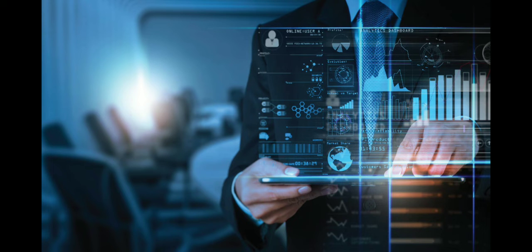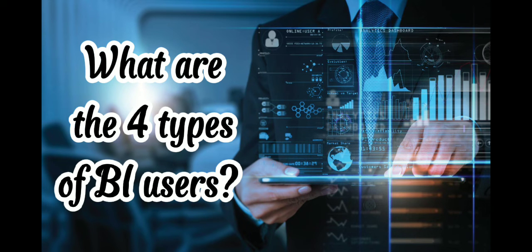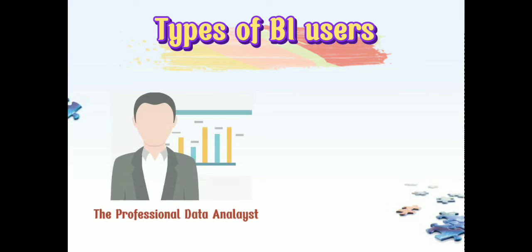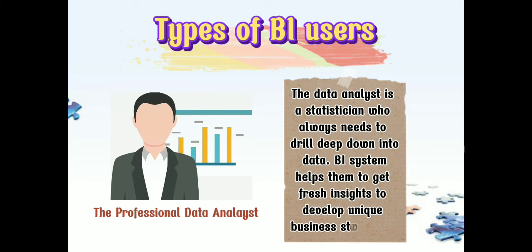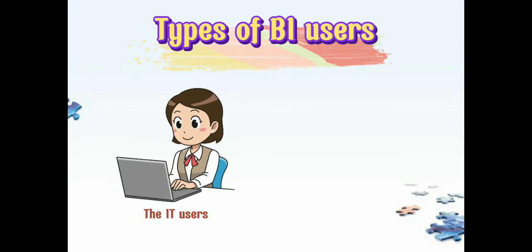Number 8. What are the 4 types of BI users? First, the professional data analyst. The data analyst is a statistician who always needs to drill deep down into data. A BI system helps them to get fresh insight to develop unique business strategies. Second, the IT users.